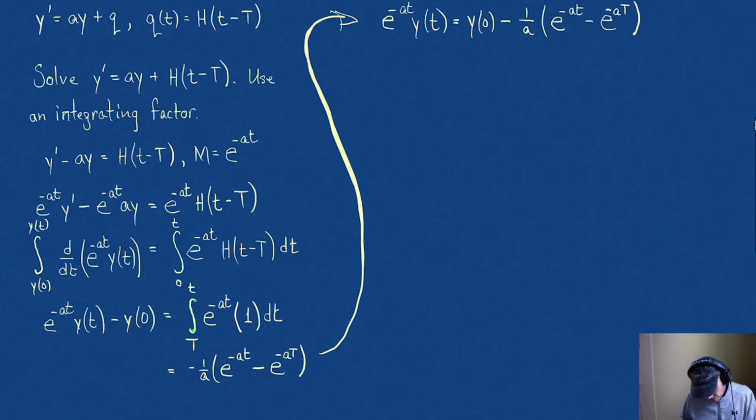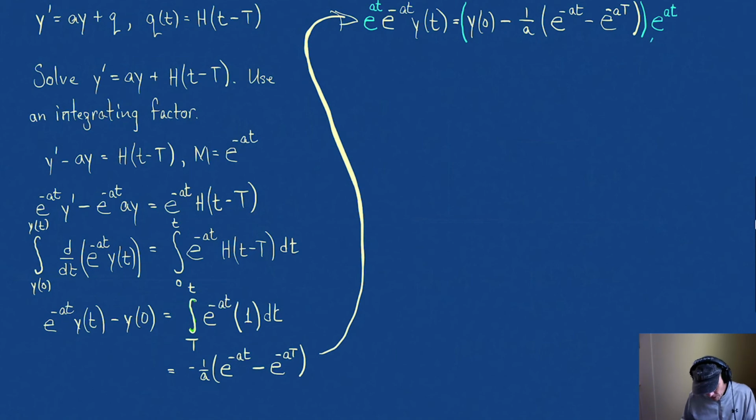Let's take care of this now. So now what we need to do is isolate y of t. We can do that by multiplying both sides by e to the positive at.